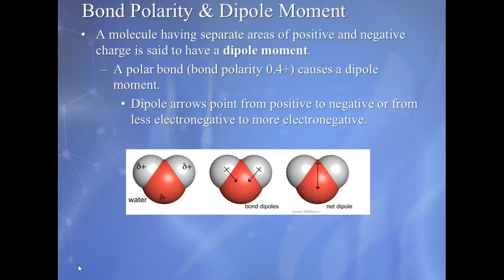So the picture there's three different representations. The one on the far left that says water to the left of it, if you see the odd-looking squiggles, those squiggles are actually the lowercase Greek letter delta, kind of like the Greek lowercase d. And that is the symbol that in science we use to indicate a partial charge.